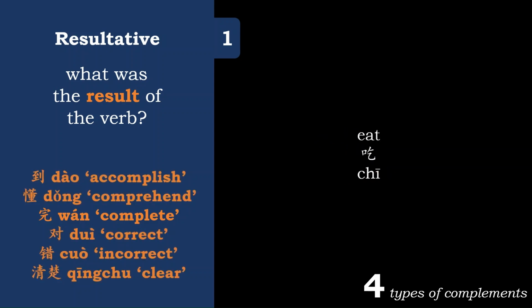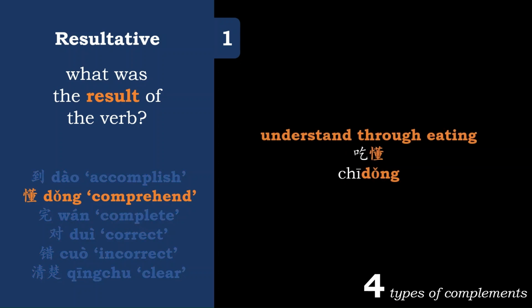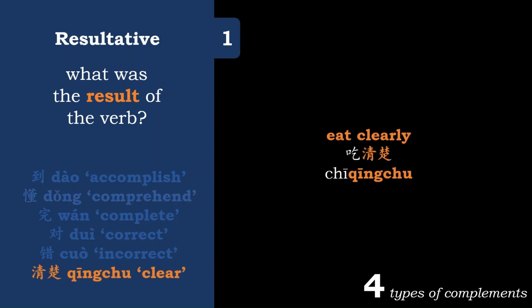However, it wouldn't make sense to say 吃懂, understand through eating. This would be incorrect. Nor would it make sense to say 吃清楚, eat clearly. This would also be incorrect. So as we can see, not every verb can be paired with every complement. The pairing has to make sense and be logical.